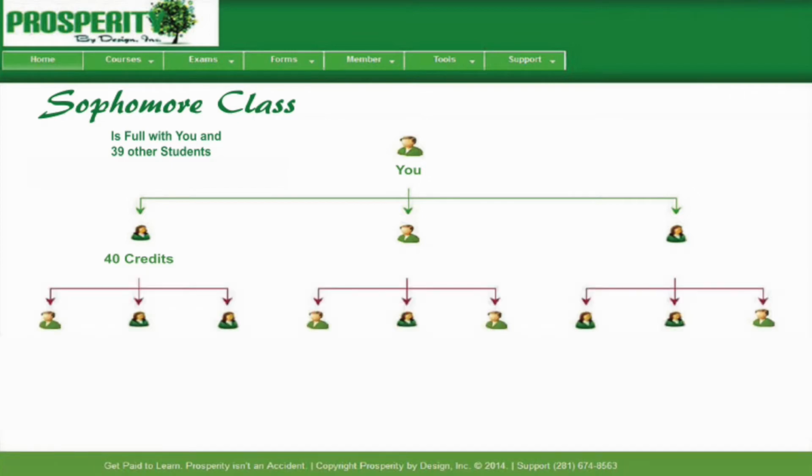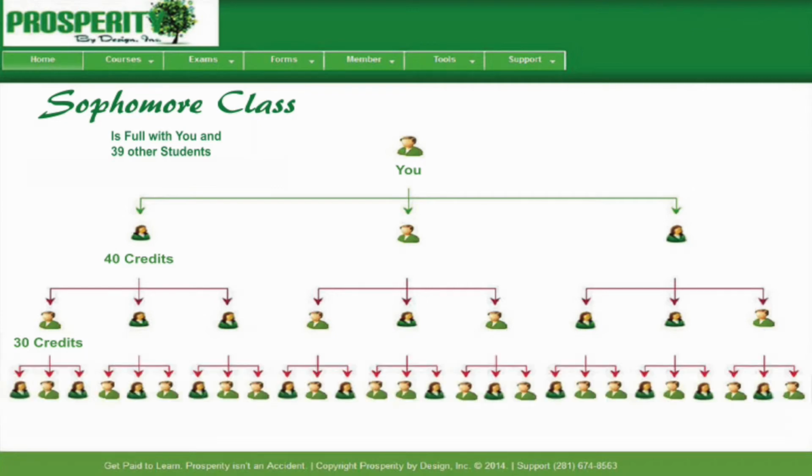So we got 9 students in the next level that pay us $30 or 30 education credits per student. 9 times 30, 270. Man, that's pretty awesome at that level. And then finally, we got 27 and we pay 50 education credits.